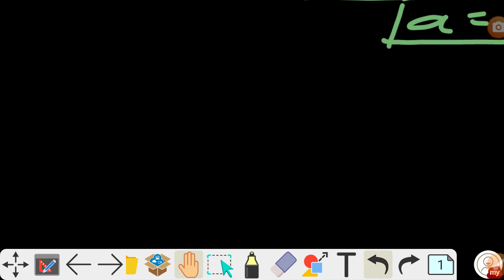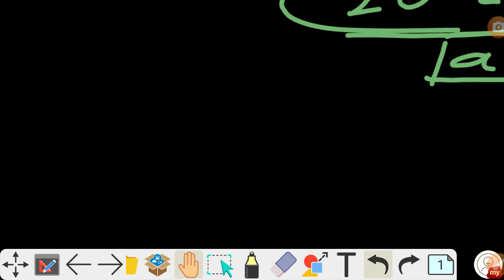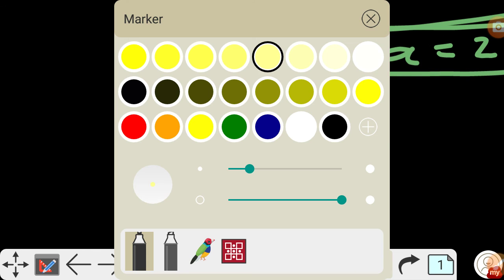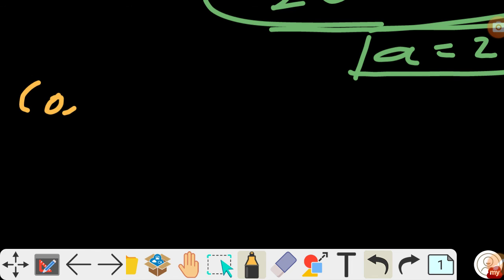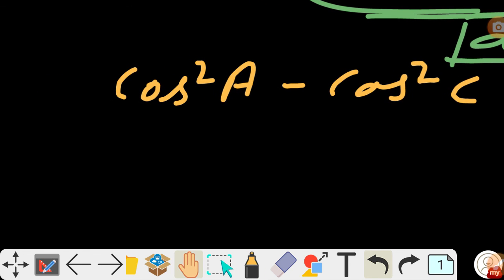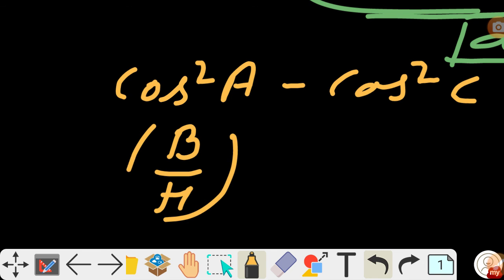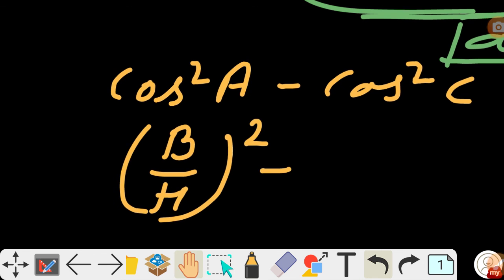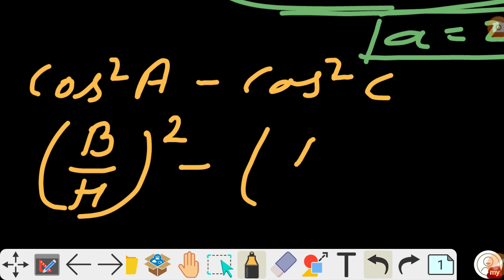Cos square A minus cos square C. Cos A equal to base upon hypotenuse, square, minus cos C is also base upon hypotenuse.